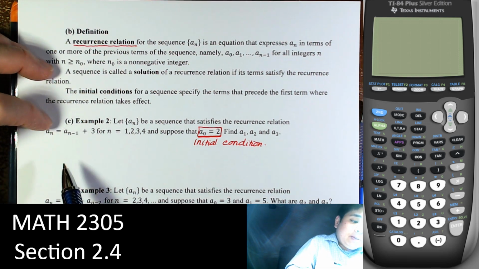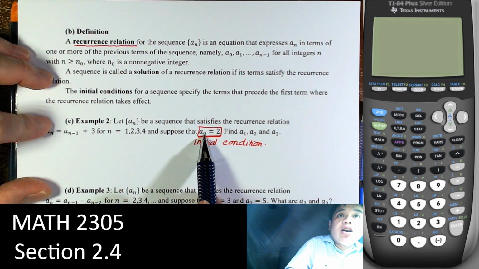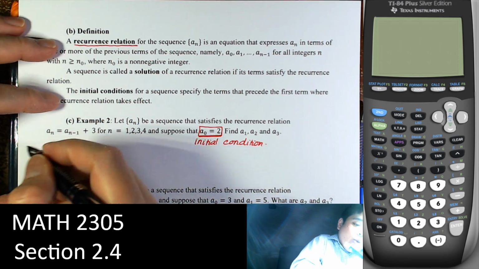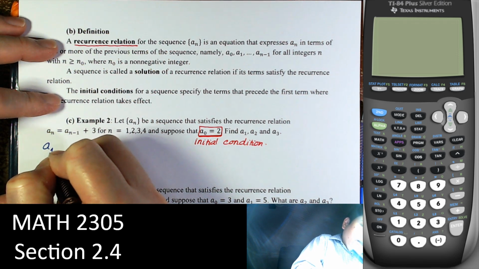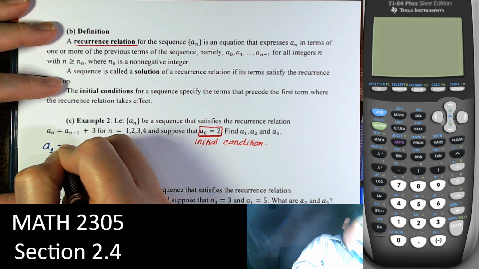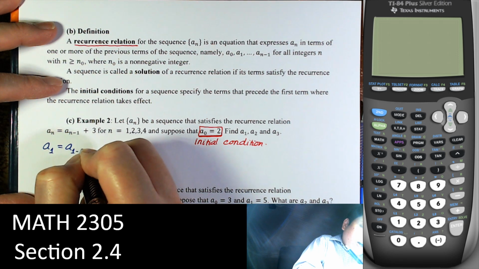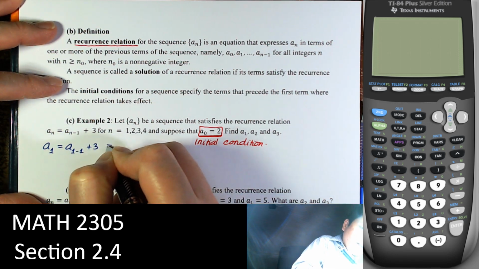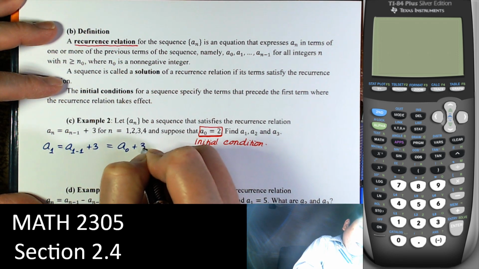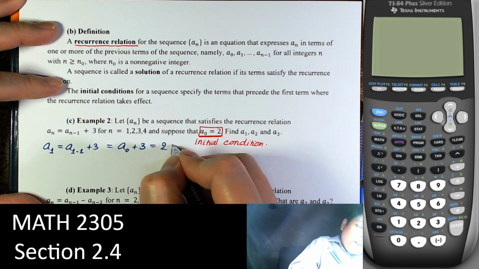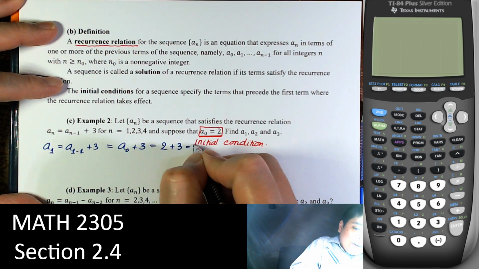Right, so now we have A naught is 2. Now we want A1. If we put 1 in for n, we have A1 equals A of 1 minus 1 plus 3, which is A sub 0 plus 3. A naught is 2, plus 3 is 5.